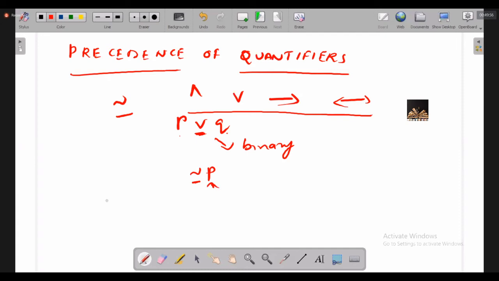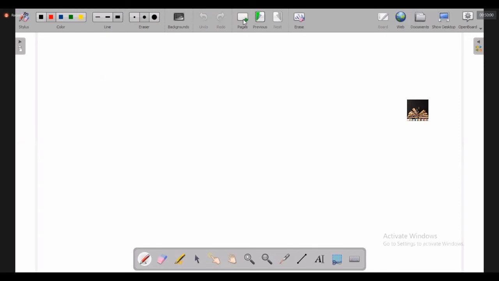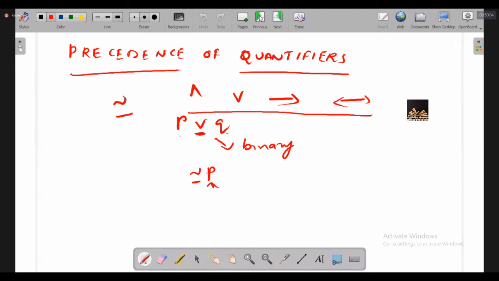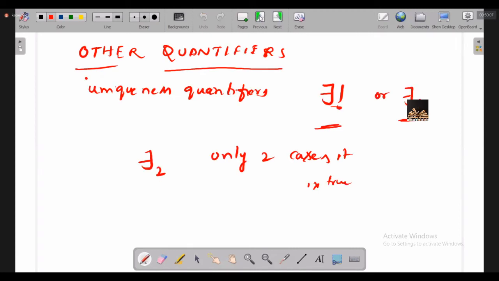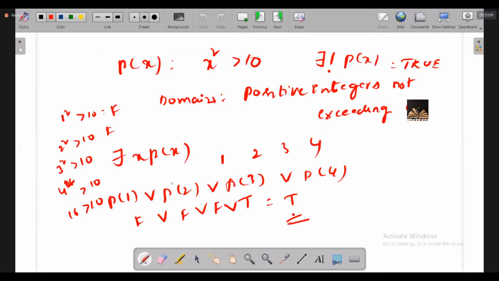You have seen a lot of examples with quantifiers. See here, there exists x P of x.